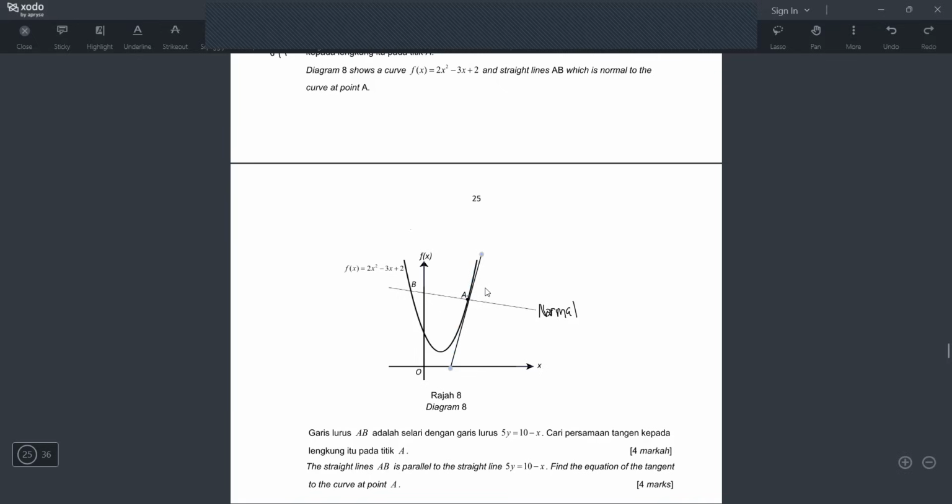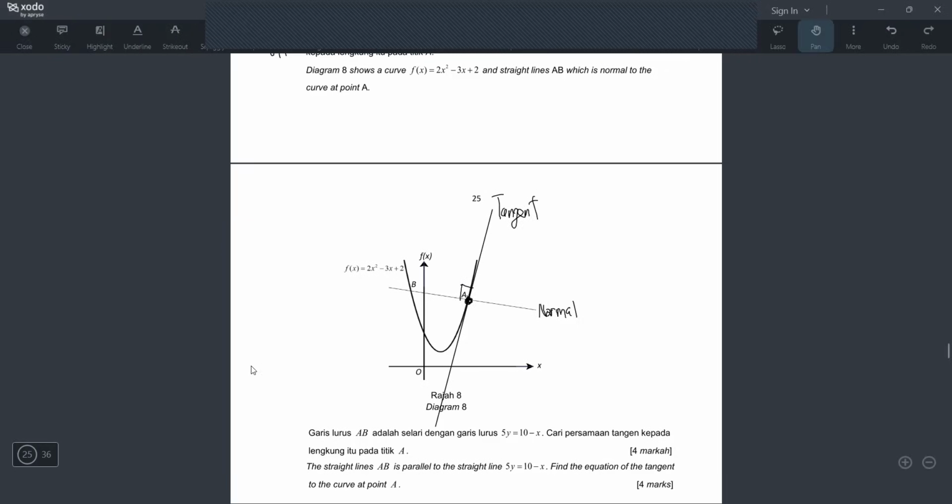Let's draw it longer. Okay, something like this. This is the tangent line, the one I just drew. The tangent line touches the curve at point A, but the normal will also pass through point A. It's just that they will be perpendicular to each other, right? So now let's see what they want.